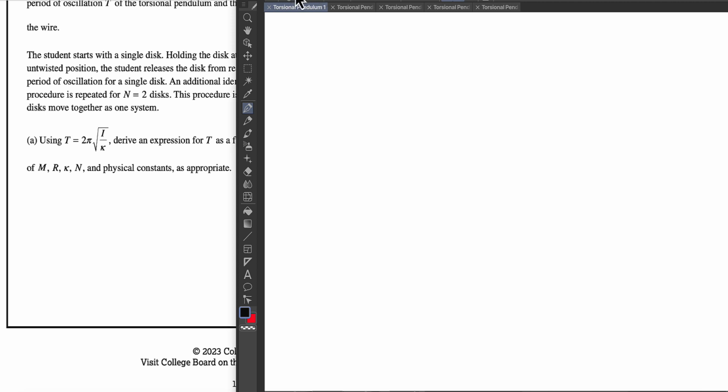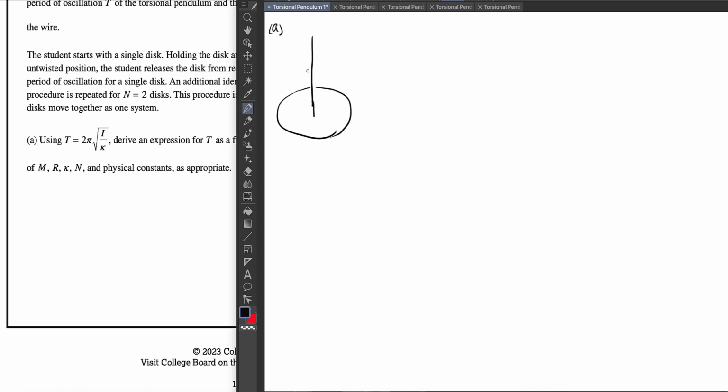So the equation involved in the torsional pendulums is the following. The center wire here will provide a torque.